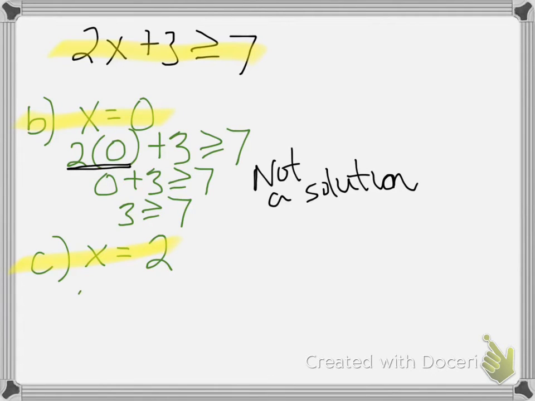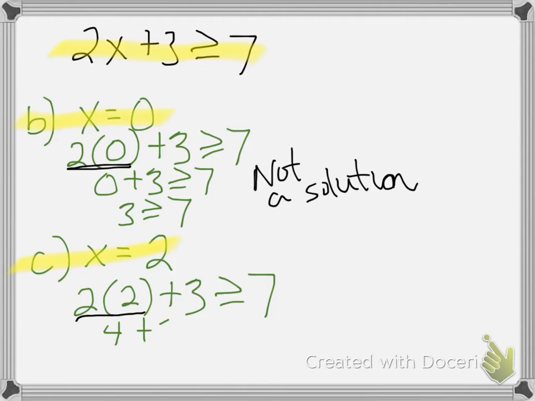Okay, the last one says x equals 2. So we're going to plug it in. Now I've got 2 times 2 plus 3. Is that greater than or equal to 7? What is 2 times 2? That's 4. Is 4 plus 3 greater than or equal to 7? Well, you get 7 greater than or equal to 7.